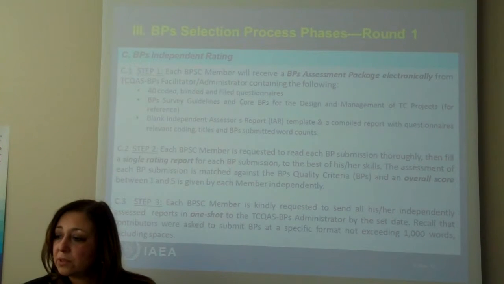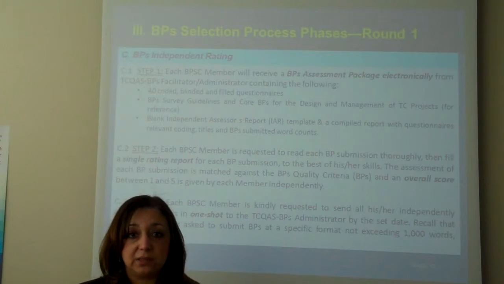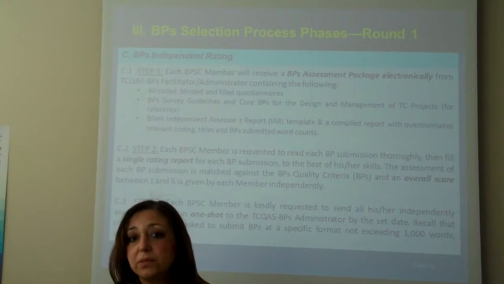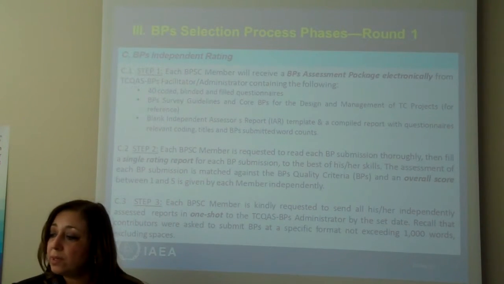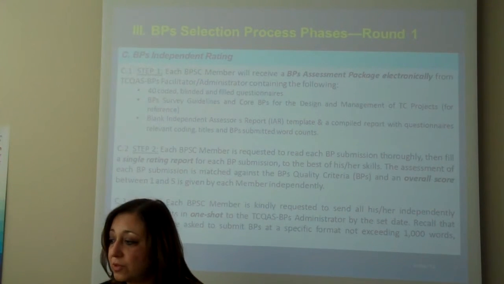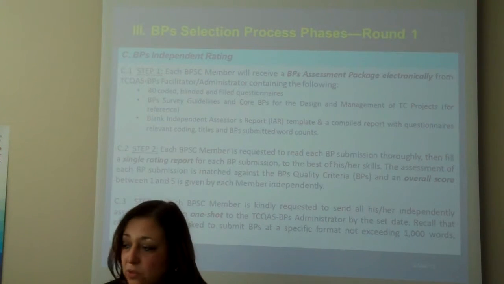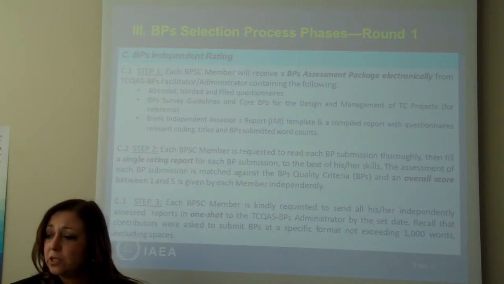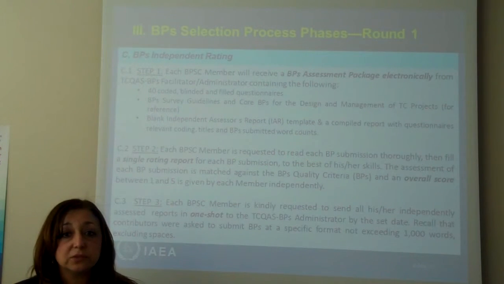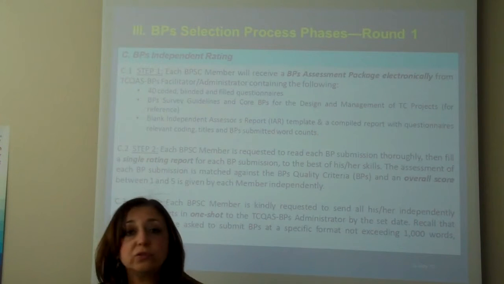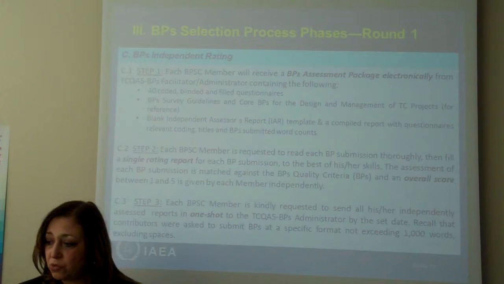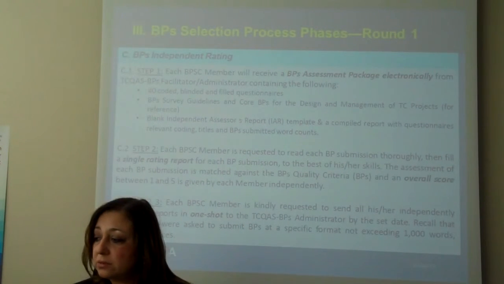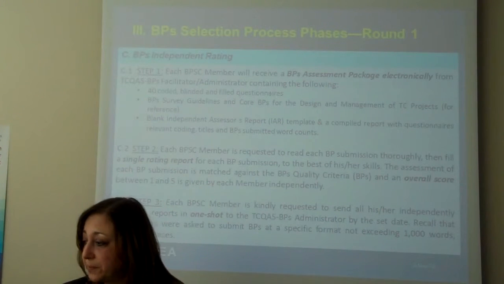After that, the following phase will be the independent rating, and this is a key issue that you will be contributing to. You will be getting a full best practice package electronically through the facilitator and the administrator in TCQS, and it will contain 40 coded, blinded and filled questionnaires with the best practices and the survey guidelines, the core of best practices paper we have discussed before, and a blank independent assessor report.